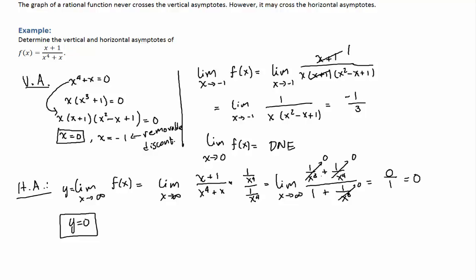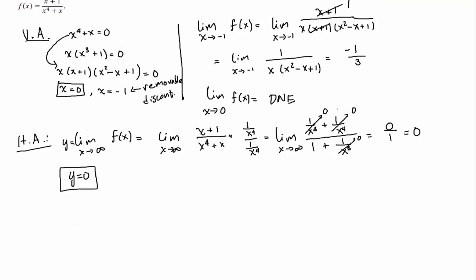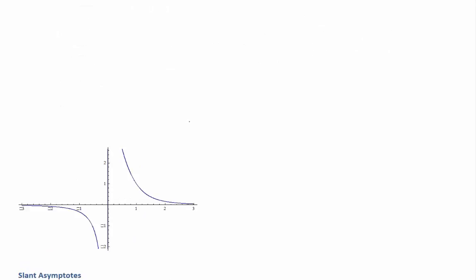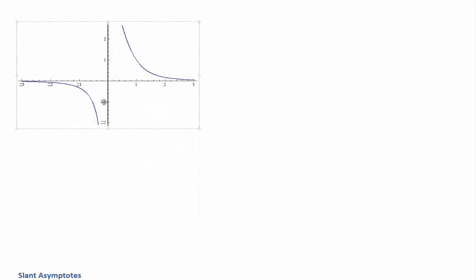In fact, it's well defined and a real number. So I don't have any problem with that. That's a removable discontinuity. It's not a vertical asymptote. I believe I have a picture. Yeah, here we go. You have x equals 0 and y equals 0 as your asymptotes.